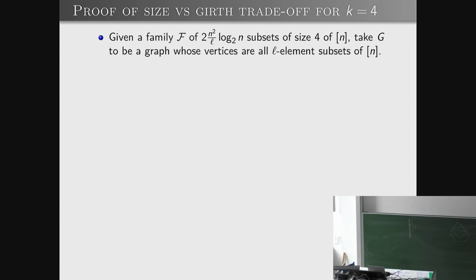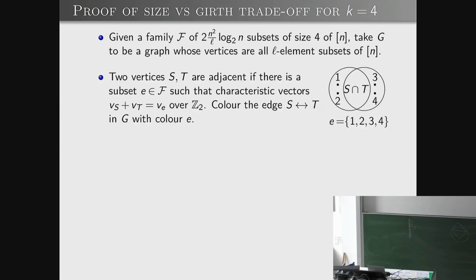Now I need to define the graph on them, and the graph would be already very familiar to you: a Cayley sum graph. I'll say two sets S and T are connected if, when you add their characteristic vectors, you get one of these 4-tuples from your family. So S is connected to T if V_S plus V_T equals V. Or if you want a picture, S is connected to T if they have intersection of size L minus 2, and S contains 2 elements of your 4-tuple, and T contains the other 2 elements.